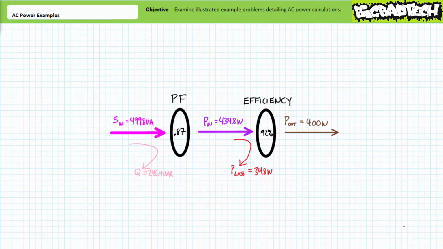This additionally means that this motor must consume 434.8 over 0.87 or roughly 499.8 volt amperes of apparent power. The 246.4 VARs of reactive power, while essential to this motor's operation, is excluded from consideration by power factor.